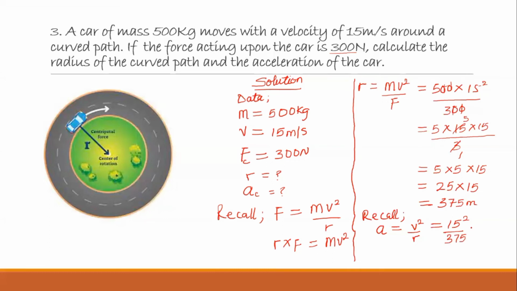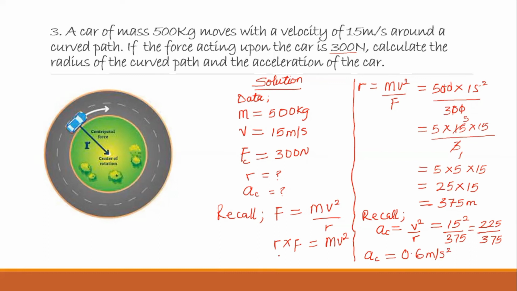So I'm going to have 15 squared, 225, all divided by 375. Hence, the centripetal acceleration is equal to 0.6 meters per second squared.